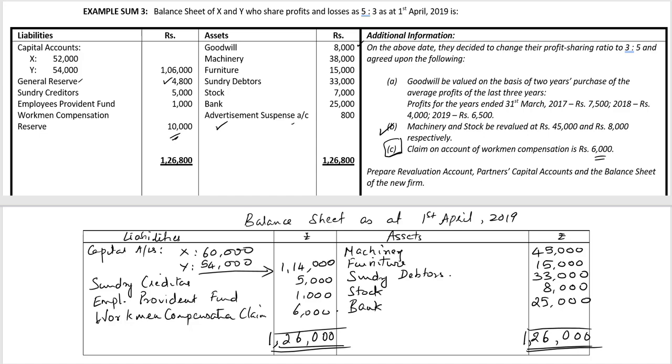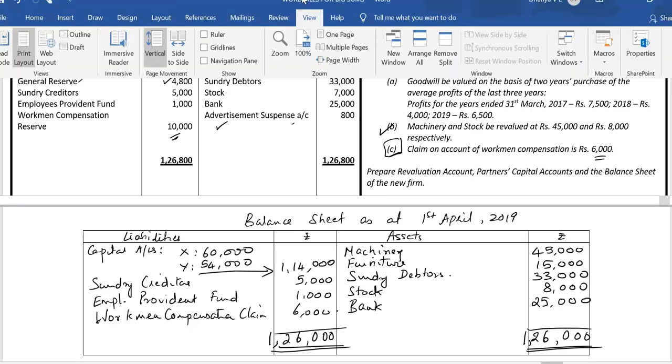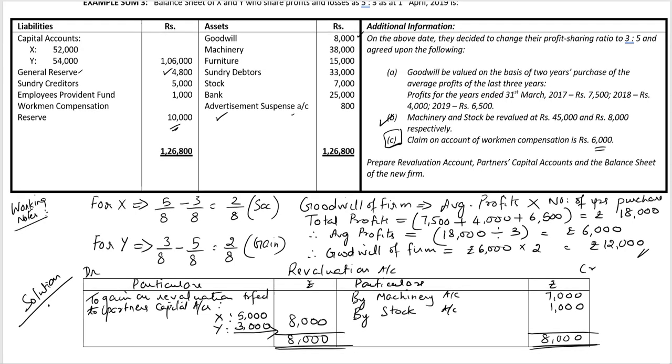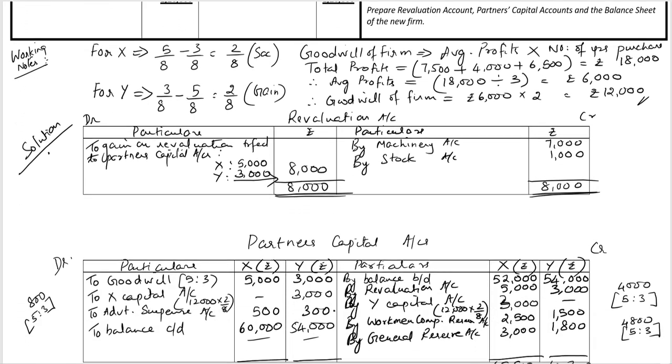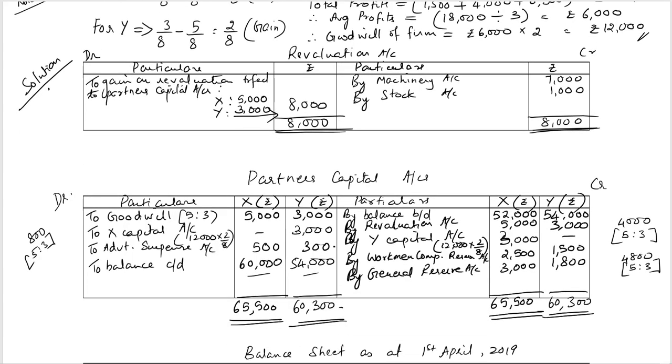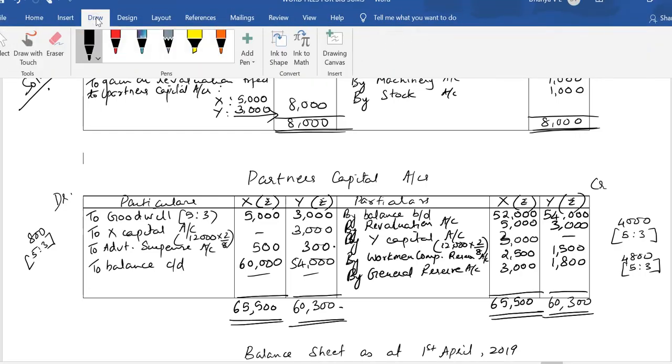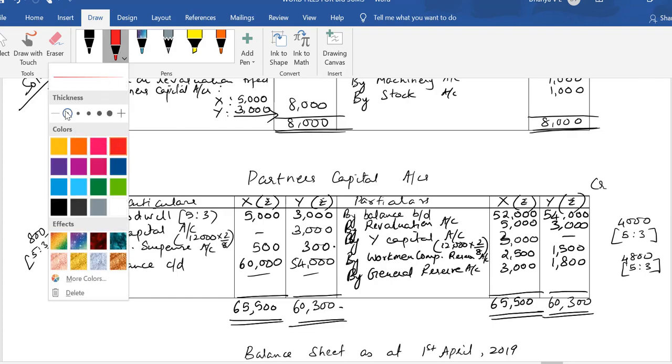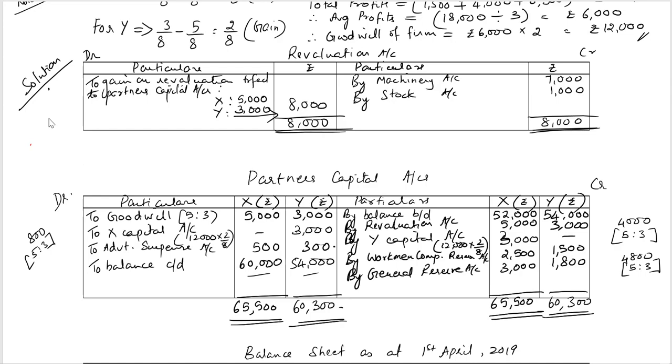So this is the balance sheet. I'll remove the split and we can see all the three ledger accounts. So this was the revaluation account. We got a gain on revaluation of 8,000, which was distributed in the old profit sharing ratio of 5:3.